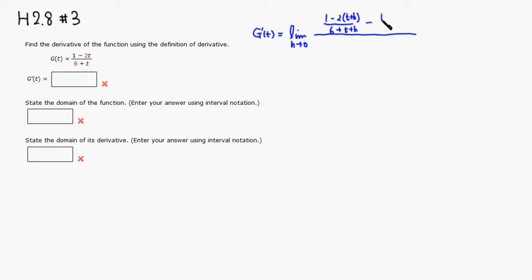I'll just copy the function, 1 minus 2t over 6 plus t, and all over h.